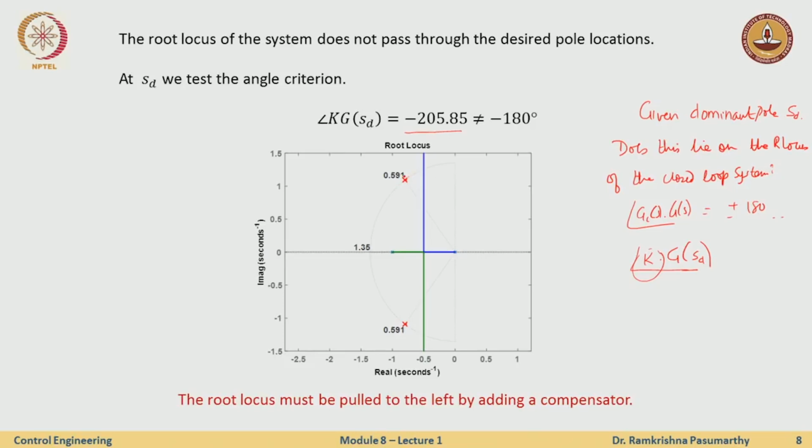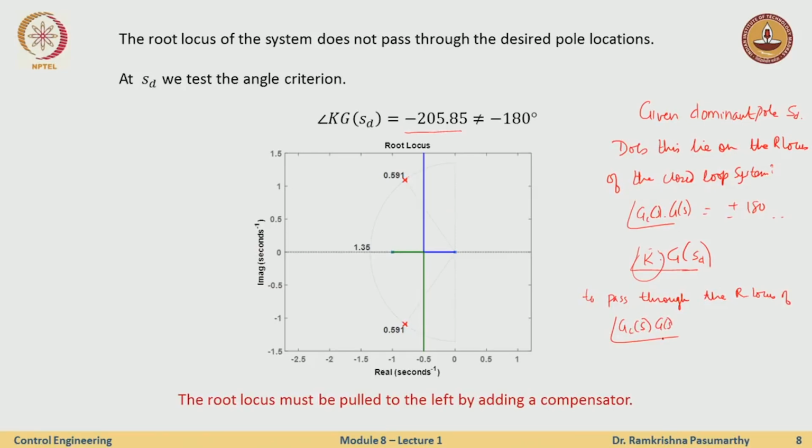But what we would need is for these points, the ones in red here, to pass through the root locus of the closed loop system, which is Gc times G of s.